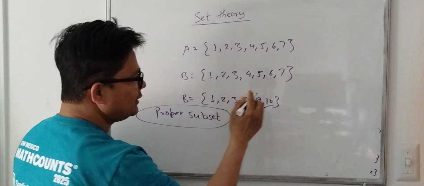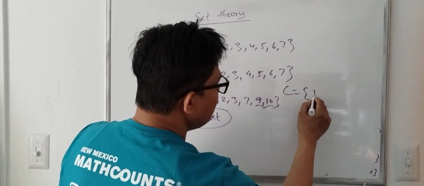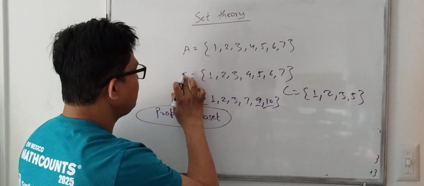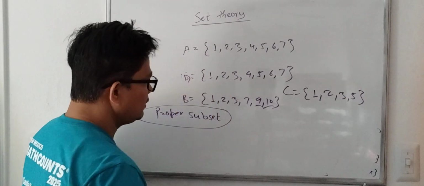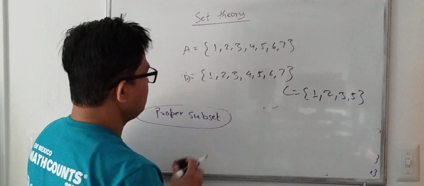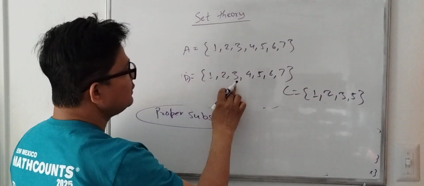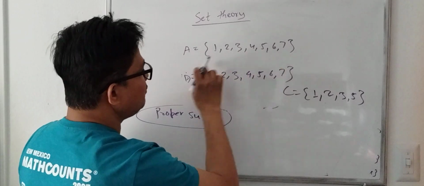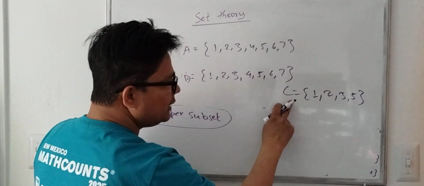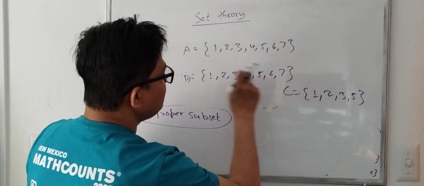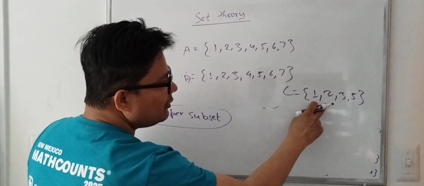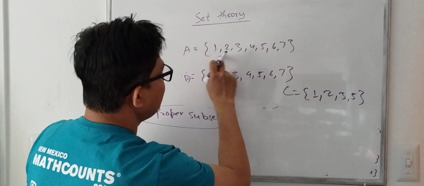So let's see. C is 1, 2, 3, and 5. And D is this. Okay? And remove this guy now. So D is a subset of A because it has all the elements from A. C, it also has elements only from A, but not all the elements are here.